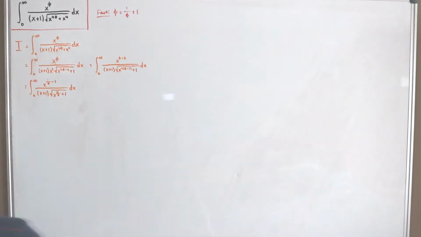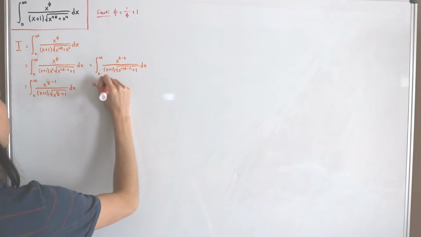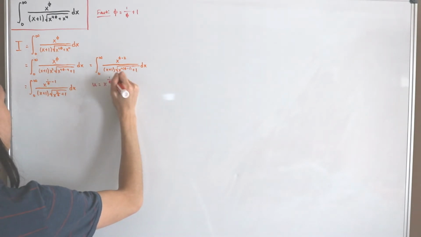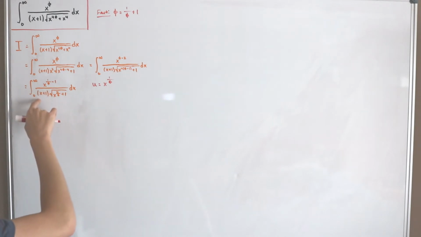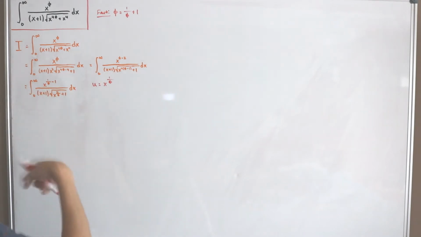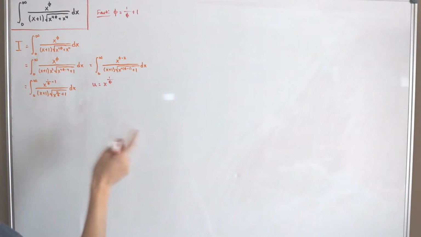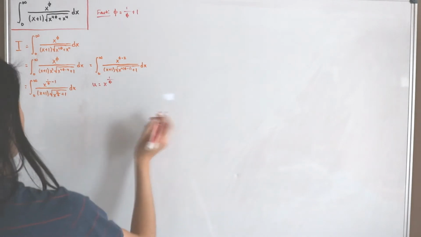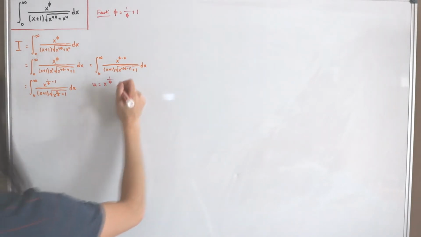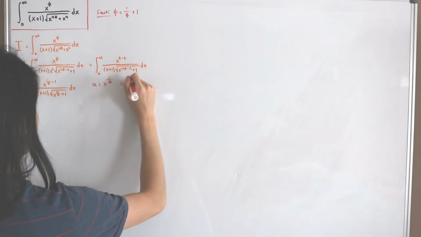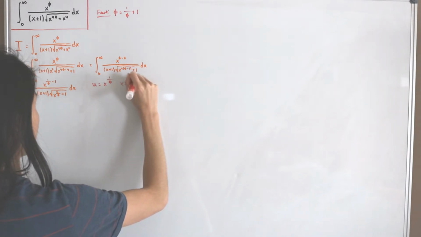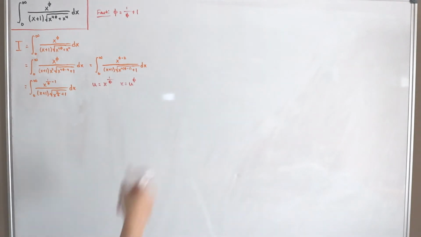From here we're going to perform a u substitution. I'm going to let u equal x to the power 1 divided by phi, and we'll need to substitute some terms for x in terms of u. Solving for x, we get x equals u to the power phi. That'll be important later.